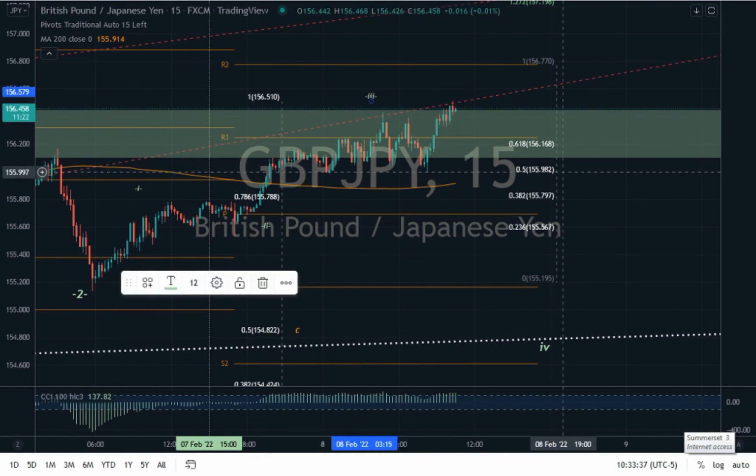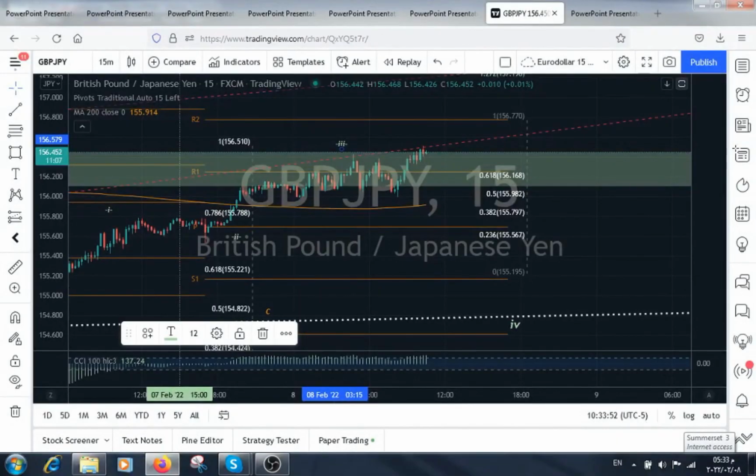You could still get a 156 entry, which is just below R1 and between R1 and the pivot. It's a buy, and we short-term traders will just take profit at 156.77 and recur the position every day, so long as we're having this coherent positive momentum confluence between the 1 hour and the 4 hour charts.